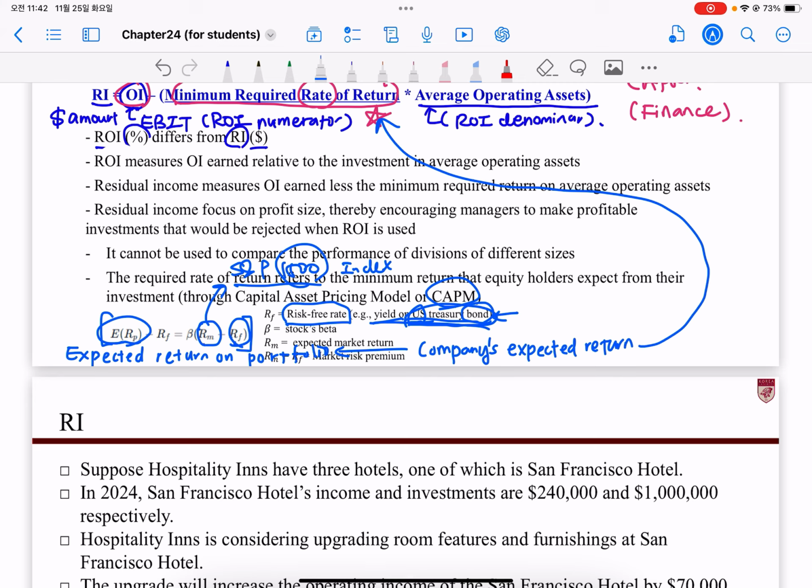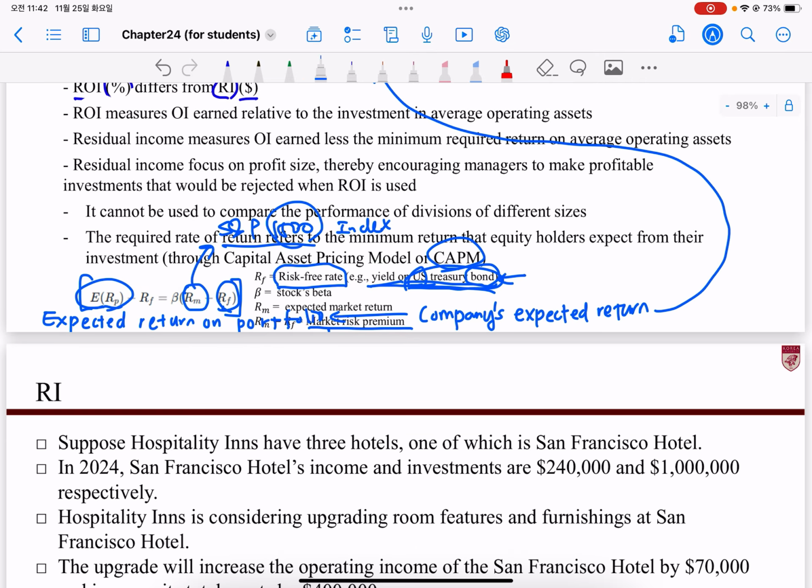So basically RM minus RF is called the market risk premium. Market risk premium, in easily speaking words, is what the market requires for, let's say, the S&P index.